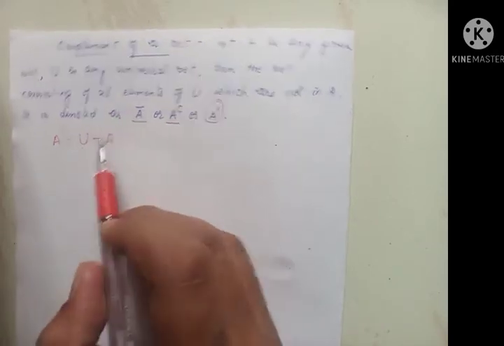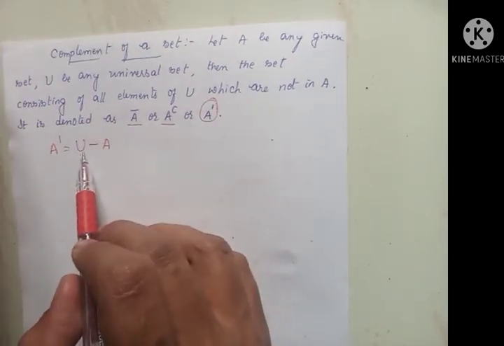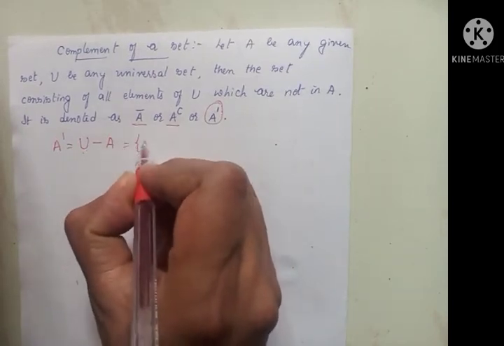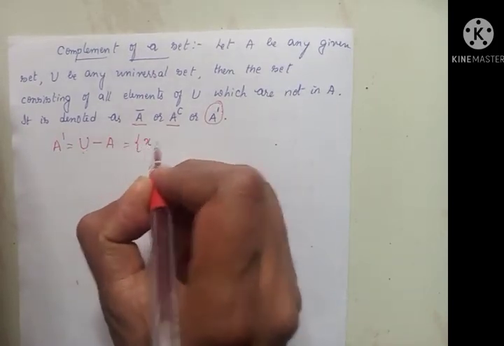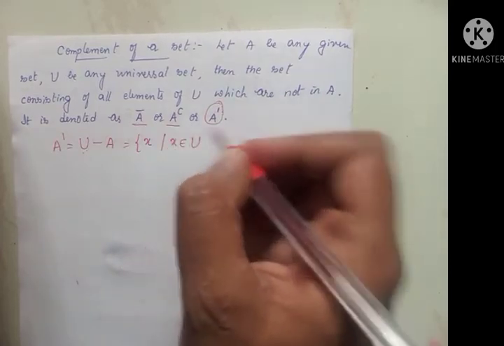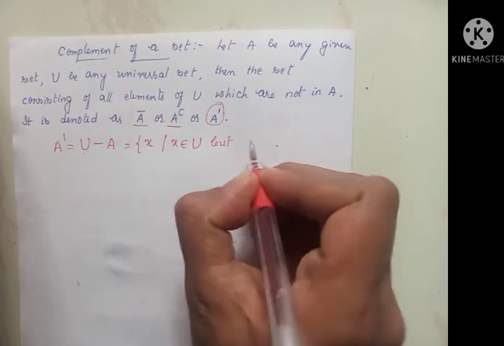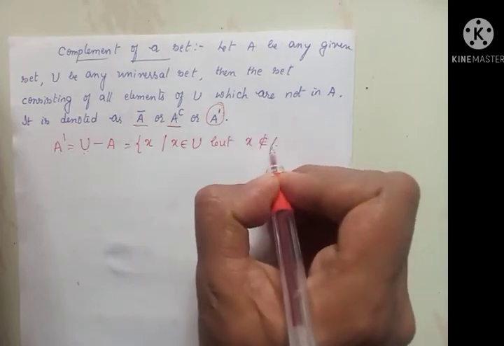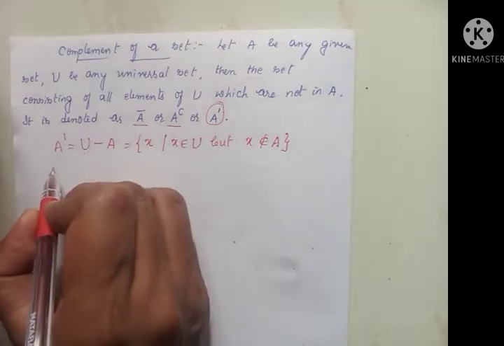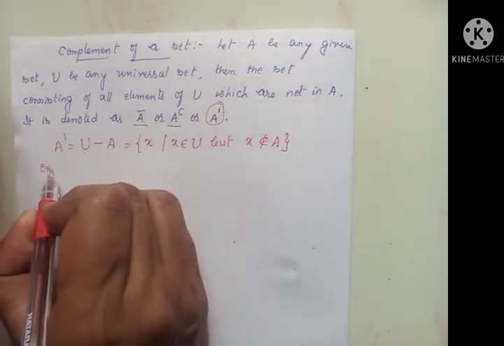That is consisting of all the elements of U which are not in A. So you have to write the elements X such that X belongs to U, that is universal set, but X does not belong to A. For example, I'll take a simple one.